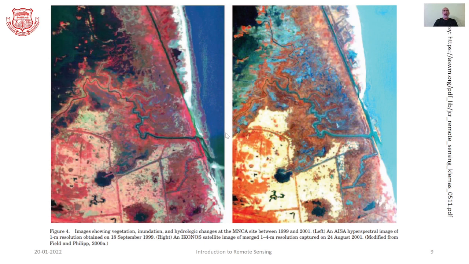Here also you can see two images of the same region taken between 1999 and 2001. So the change in the vegetation pattern, the change in flooding patterns, and certain hydrological changes can be easily seen.